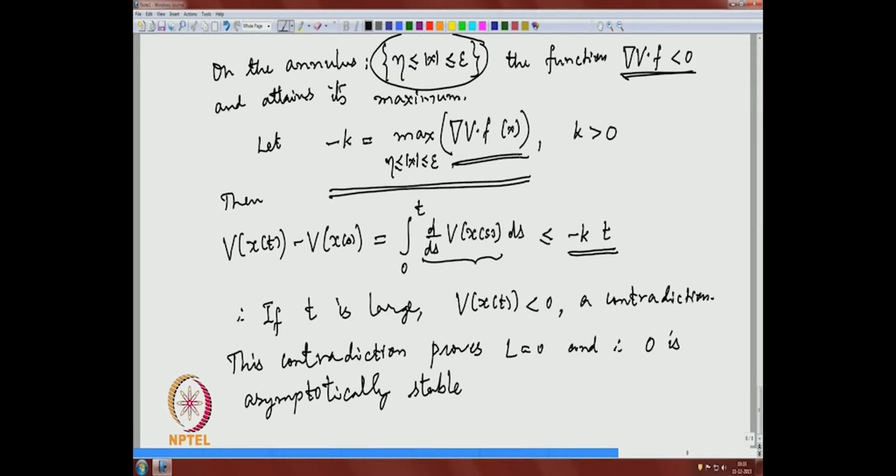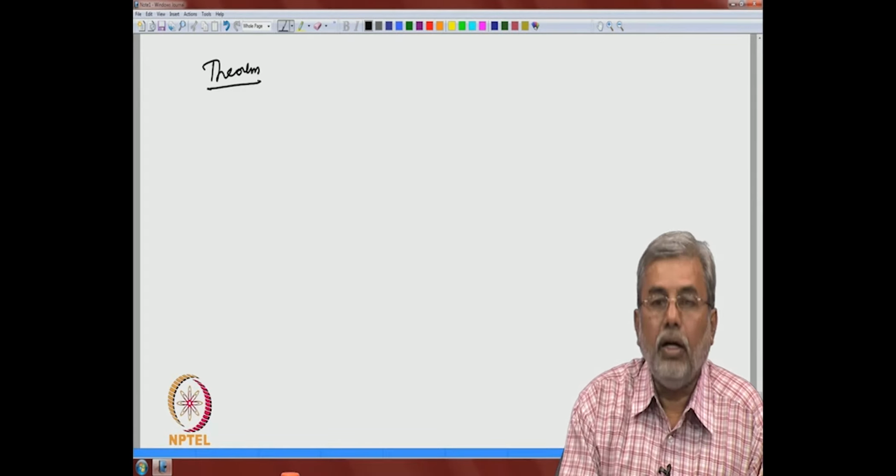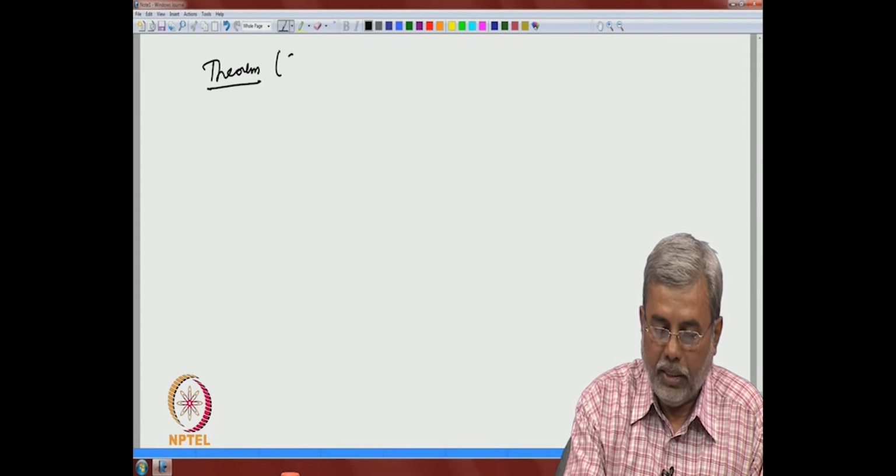Okay. So, Lyapunov also has a theorem for the instability result. Let me state that also. Theorem, instability.